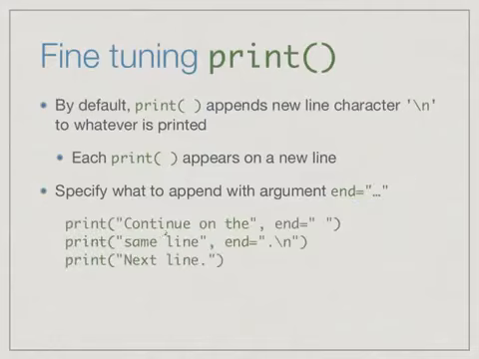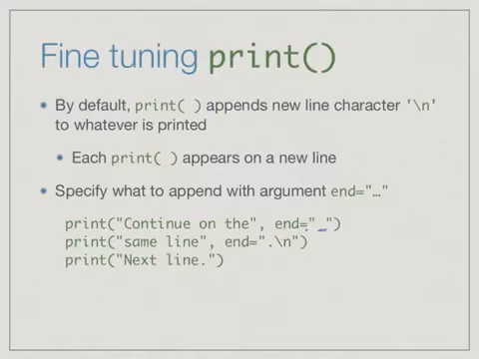So here is an example. Supposing we write these three statements. The first statement says print "continue on the", this is just a string, but set end to a space. The second line says print "same line", and then it says set end to a full stop and a new line. And then the third statement says print "next line". Okay. So what we are doing is in the first two statements, we are changing the default.